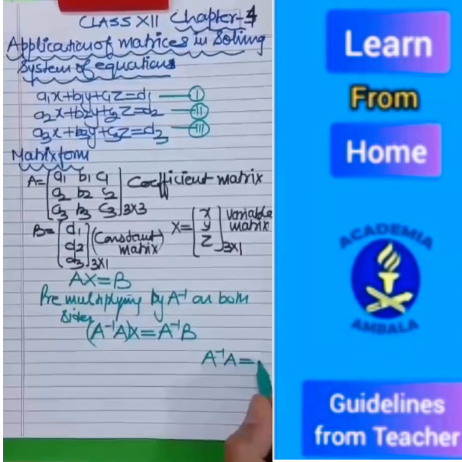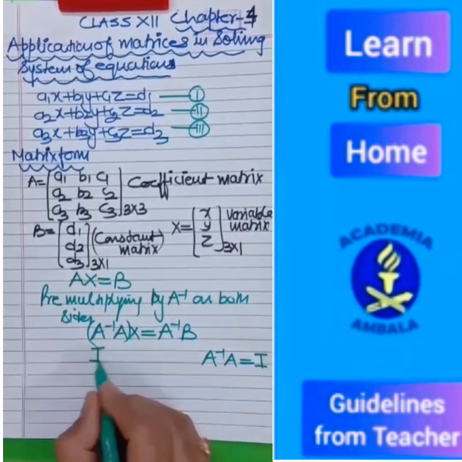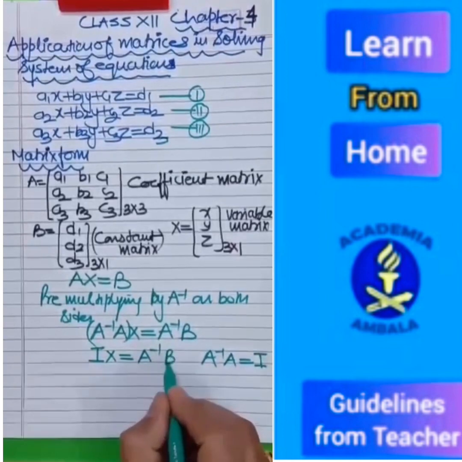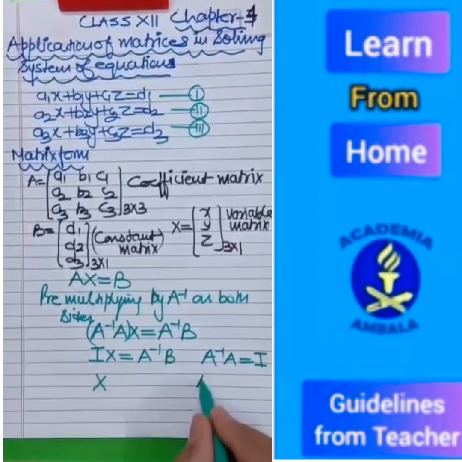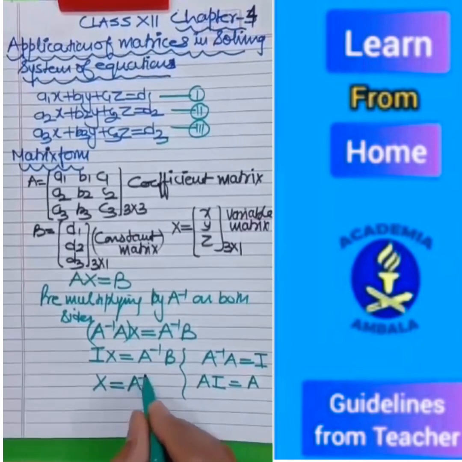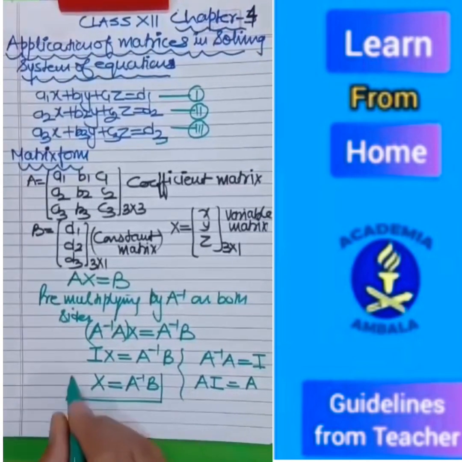As I told you in the previous properties, A into A inverse is I, multiplied by matrix X. A matrix when multiplied with I gives the same matrix. It is a property. Now, X will be A inverse B.